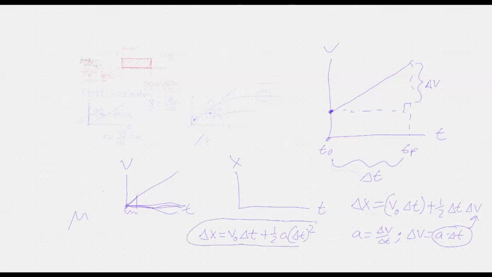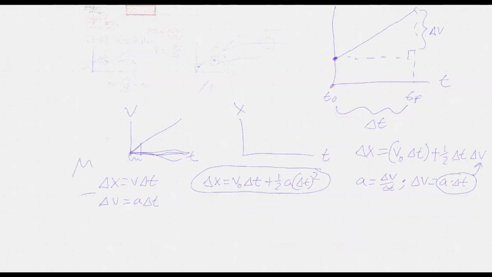Right, so now we've got a few equations. We've got for constant velocity that delta x equals v delta t. For constant acceleration, we know that delta v equals a delta t. And we now also know that delta x can be expressed as v initial delta t plus 1/2 a constant delta t squared.